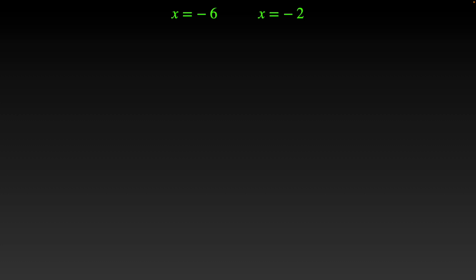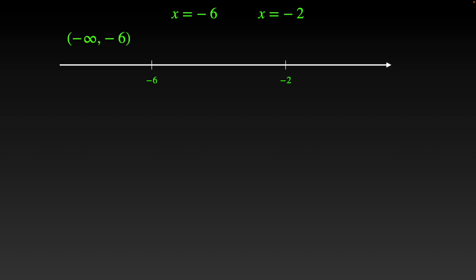We're going to use them to divide the real number line. Here it is, negative 6, negative 2. This will divide the real number line into 3 sets. Negative infinity to negative 6, negative 6 to negative 2, and negative 2 to infinity.